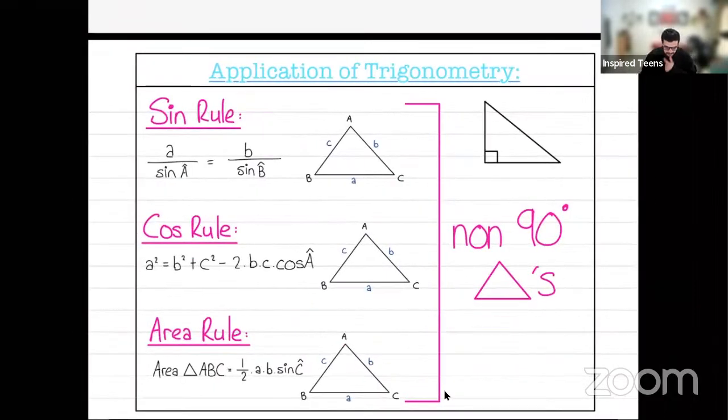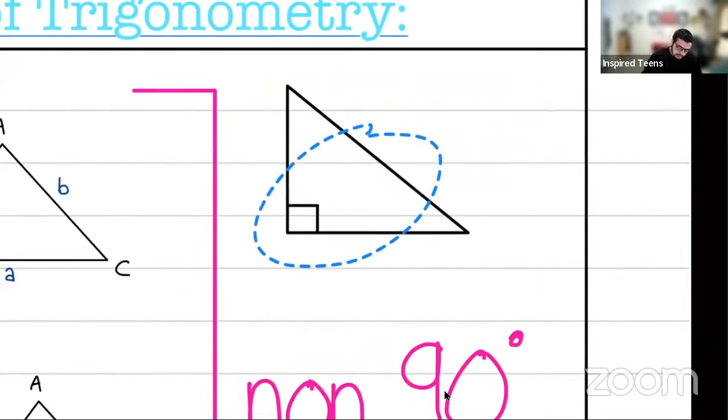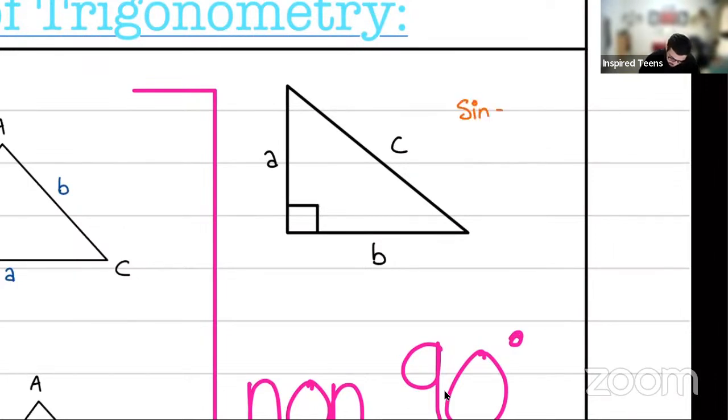In 90 degree triangles, how we solve for sides and angles, if we call the vertices A, B, and C, is using sine, cos, and tan, where sine is opposite over hypotenuse, cos is adjacent over hypotenuse, and tangent is opposite over adjacent: SOH CAH TOA.